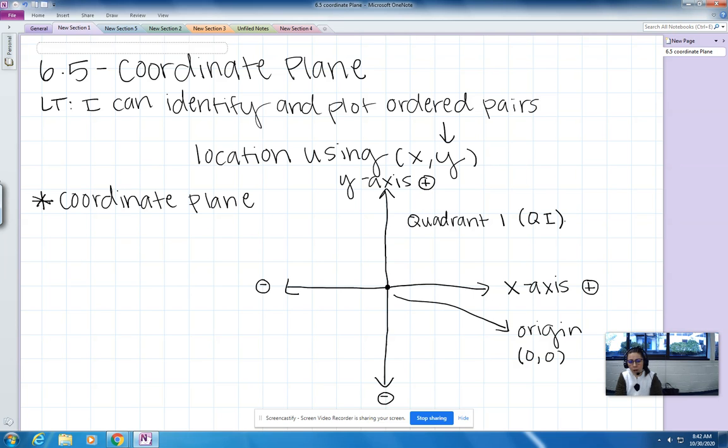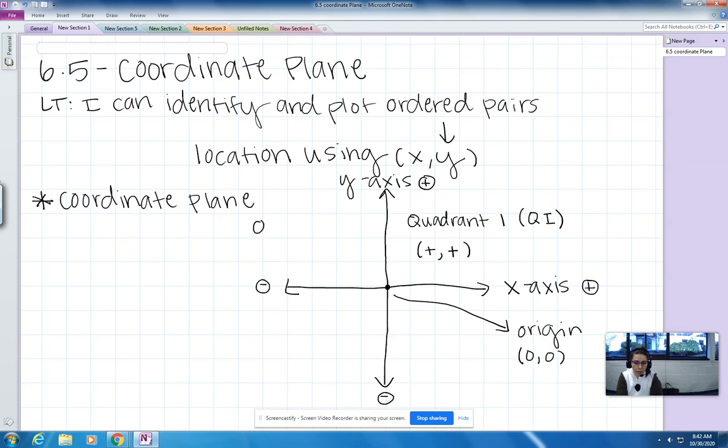In quadrant 1, all of our ordered pairs have a positive x value because we're going to the right on the x-axis. And they all have a positive y value because everything is going up in the y direction. So if you ever have an ordered pair with two positive values, positive x and positive y, it's going to fall in quadrant 1.